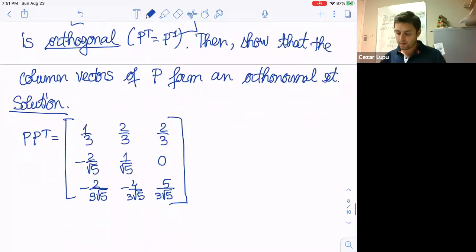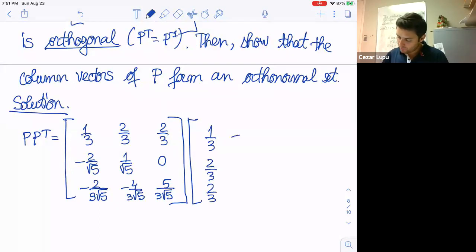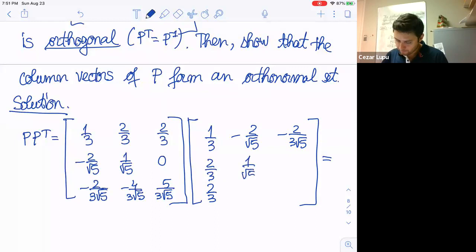And we're going to multiply this by its transpose. So it's going to be 1/3, 2/3, 2/3. -2/√5, -2/3√5. The second one will be 1/√5, -4/3√5. Now I have here 0 and 5/3√5.